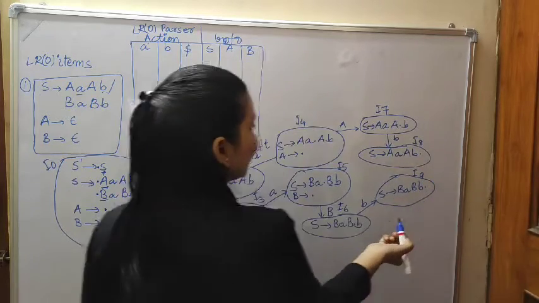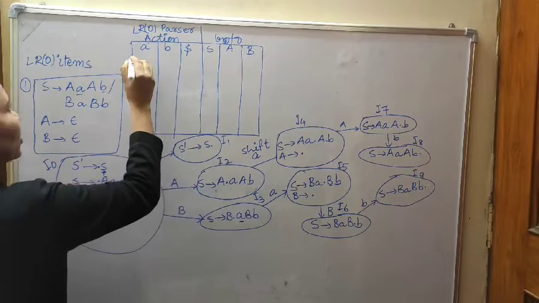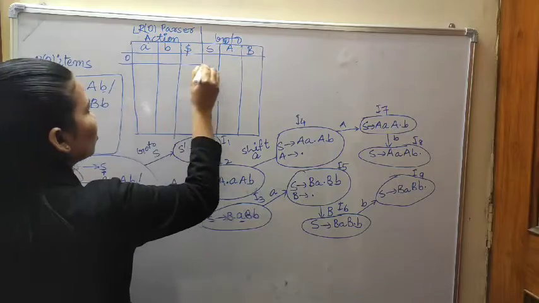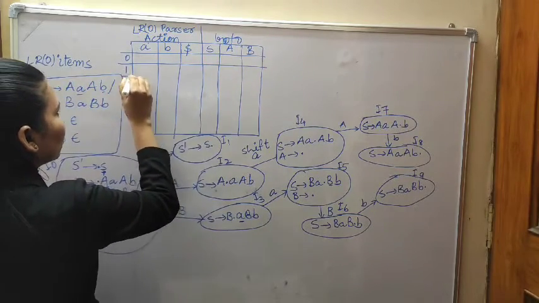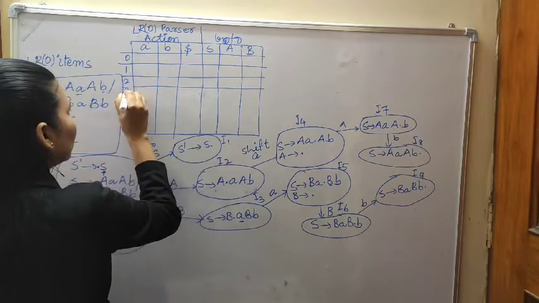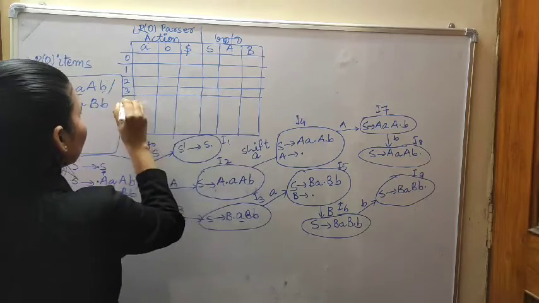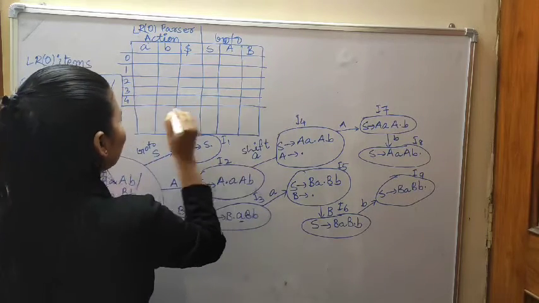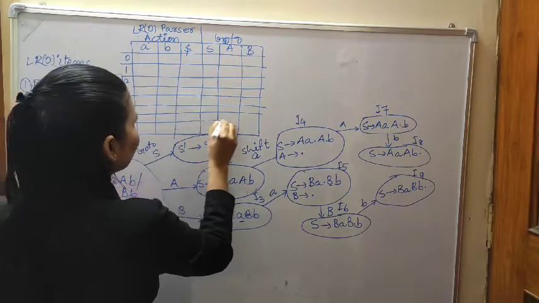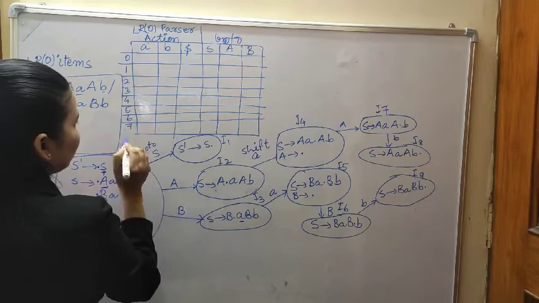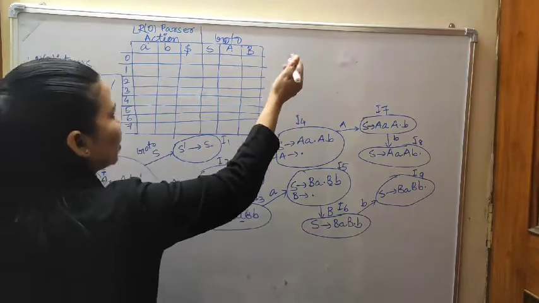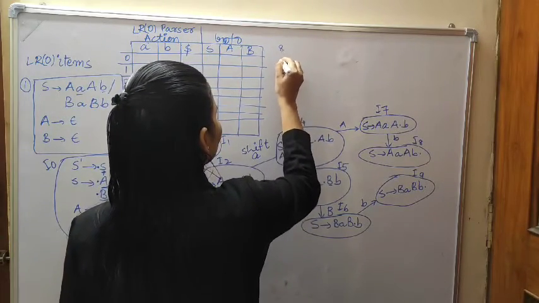You can give it any name. We have states 0 to 9: 0, 1, 2, 3, 4, 5, 6, 7, 8 and 9.